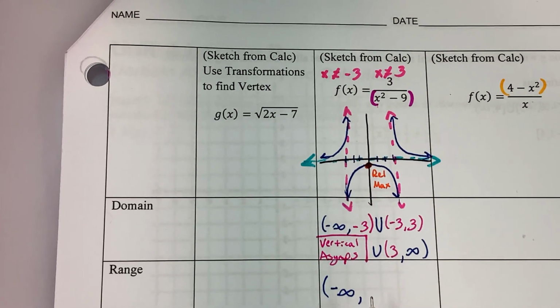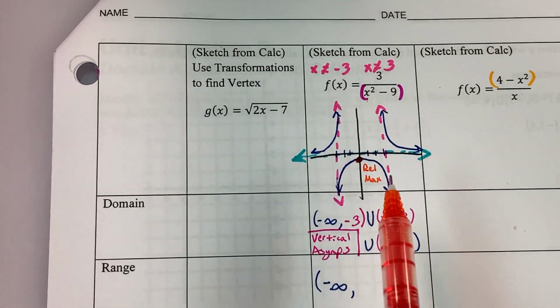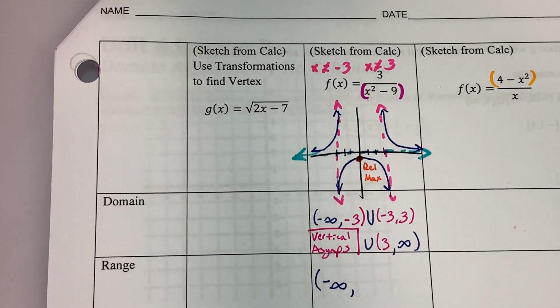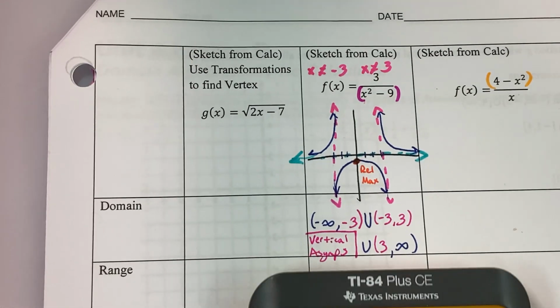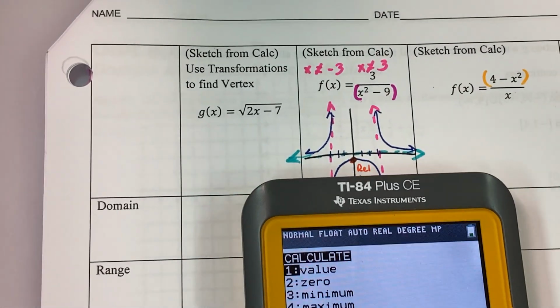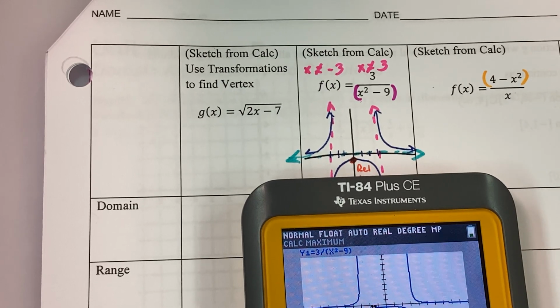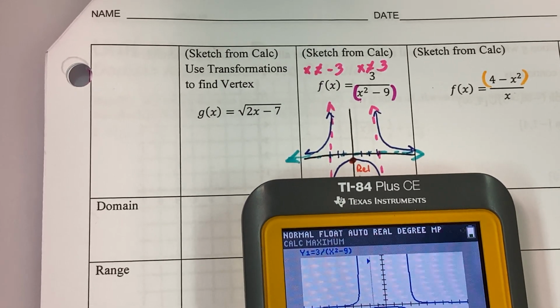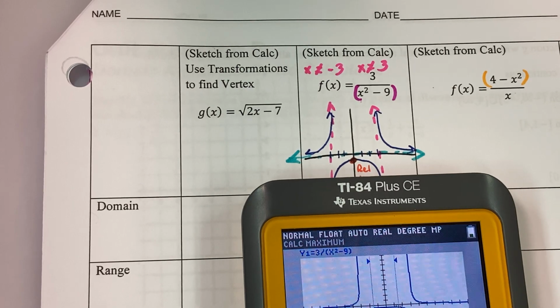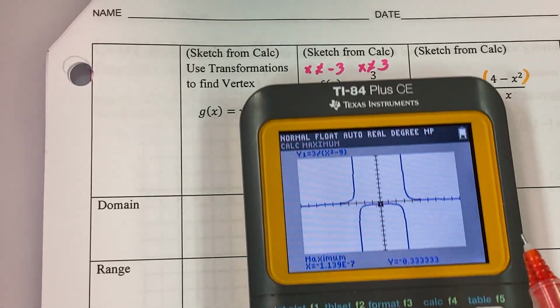So folks, before we go any further with this range, we're gonna see if we can find that point. So on our calculator, we're gonna go to second trace, select maximum. We're going to go to the left of that point, to the right of that point, and press enter. And oh boy, I love this.